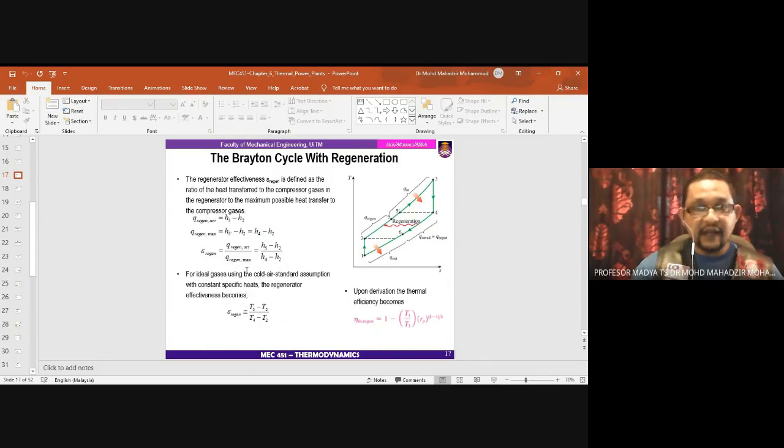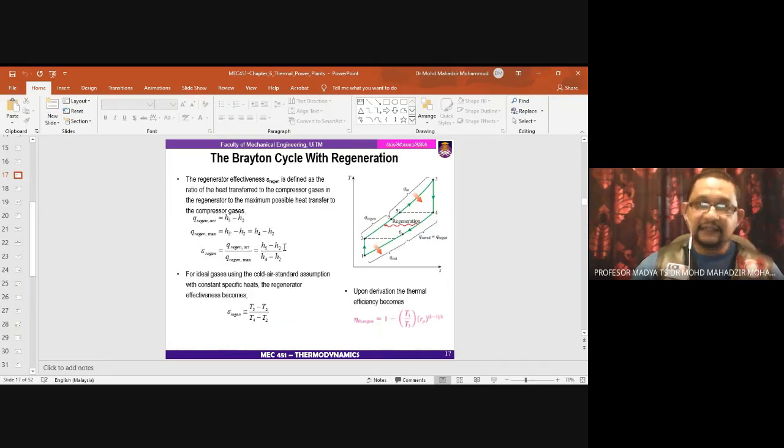But you have to remember that when we talk about the Brayton cycle, it uses air as a working fluid. So the assumption that you have to make in this analysis is the air-standard assumptions. So you have to turn this enthalpy into temperature.